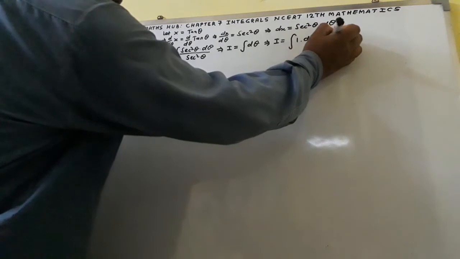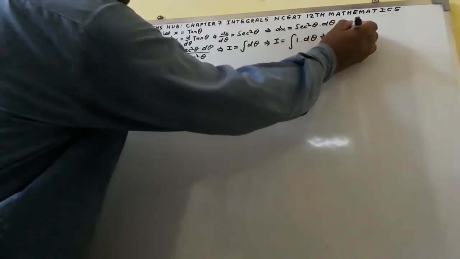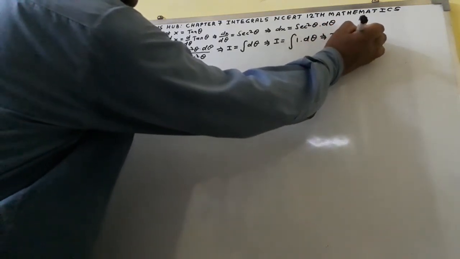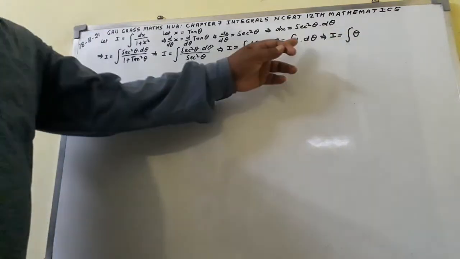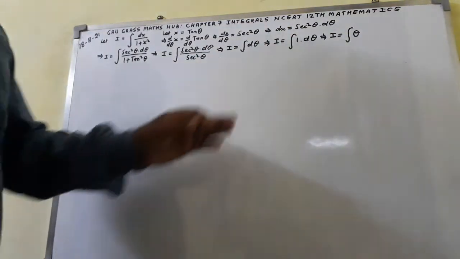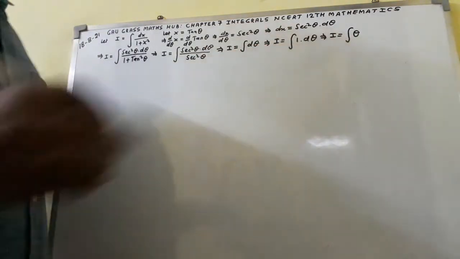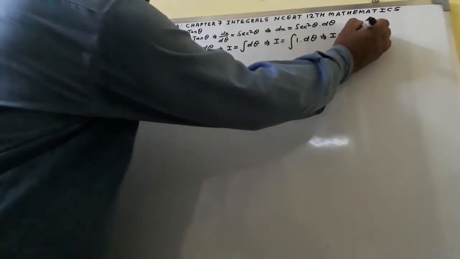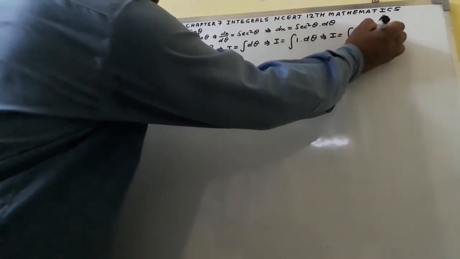I equals integral of 1 dot d theta. The 1 can be expressed as theta raised to power 0 dot d theta.